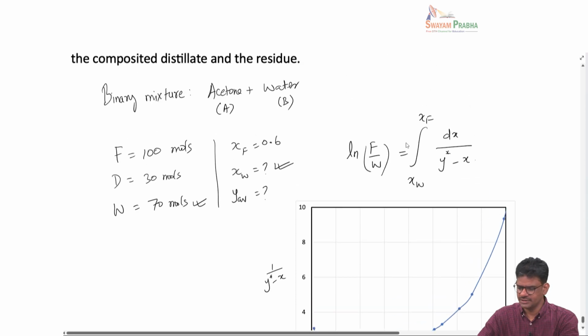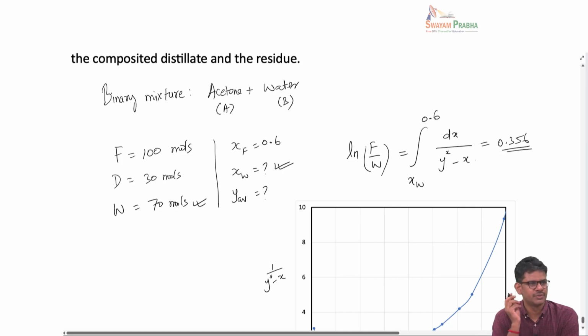If you see this Rayleigh's equation, on the left hand side we know the value, so it is ln of 100 by 70, and so this integral, the area under this curve, should be equal to 0.356. Okay, if you calculate ln of 100 by 70, that would be about 0.356, and in this equation XF is known, it is 0.6, but we don't know XW.